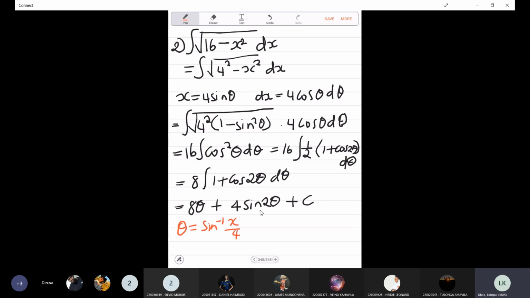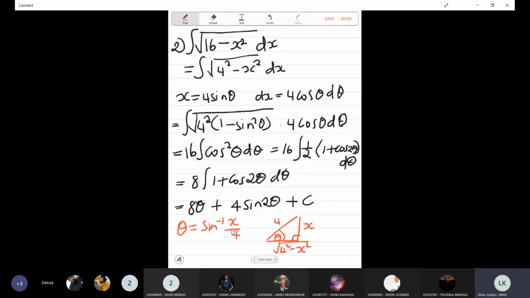So our triangle, put theta somewhere here, and we said that sine theta is x over 4, so that's x over 4. This is root of 4 squared minus x squared, or just 16 minus x squared. Okay, then we have everything we need in order to make the substitution.